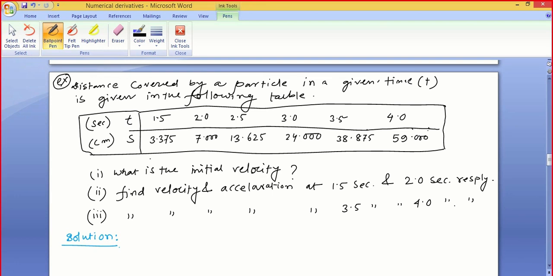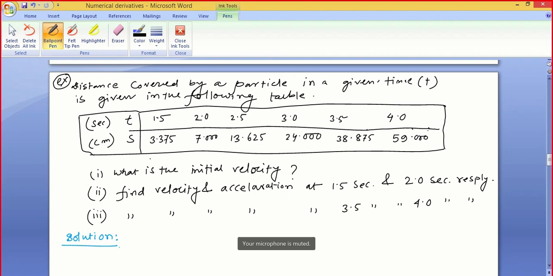Try to read this question that I have written. Distance covered by a particle in a given time t, in seconds, is given in the following table, and the corresponding distance s in centimeters. At t equals 1.5 seconds, the distance is 3.375 centimeters. At 2 it is 7. At 2.5 it is 13.625.